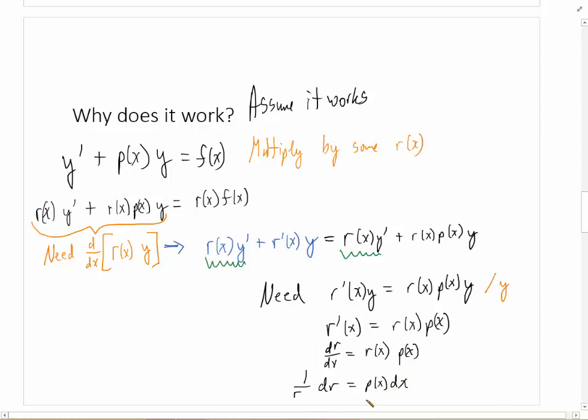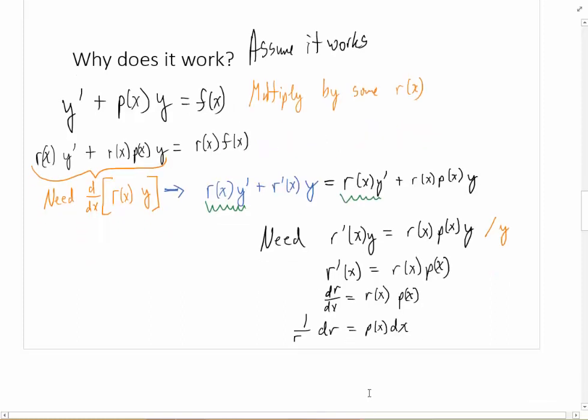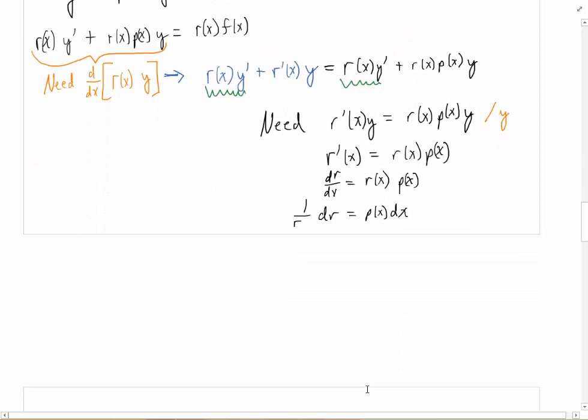And I can integrate both sides of this because now it's separated. And so now integrating both sides. Let's throw in an integral symbol here. Let's integrate both sides. Well, that's natural log of absolute r is equal to the integral of p of x dx.